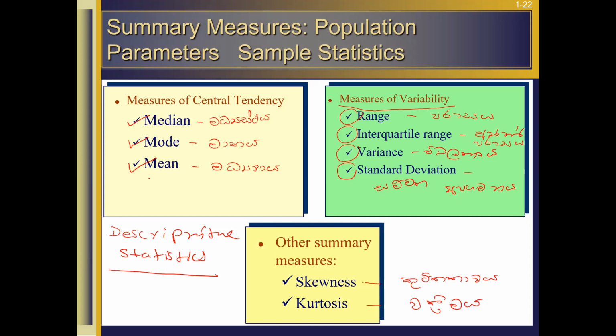When we talk about descriptive statistics, these measures are very important: mean, mode, and median; range, interquartile range, variance, and standard deviation; other summary measures such as skewness and kurtosis; and also the coefficient of variation.